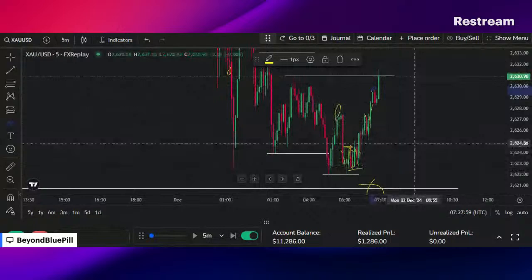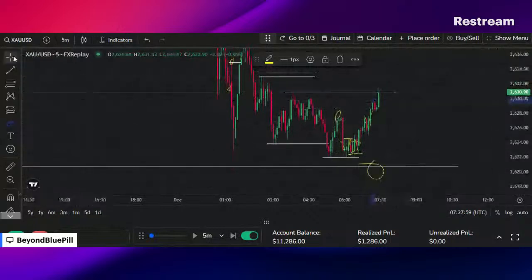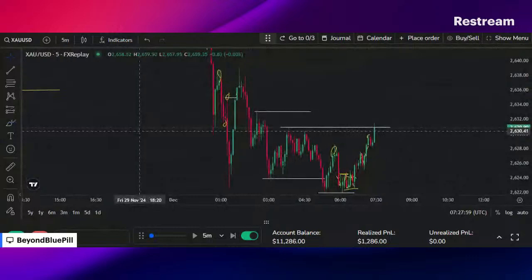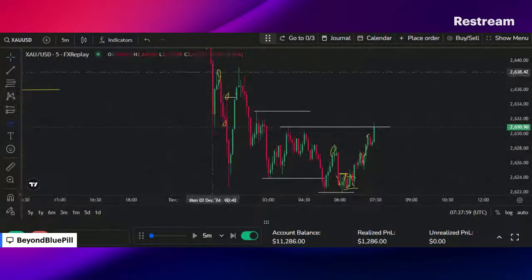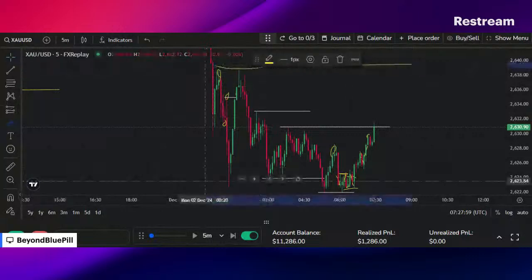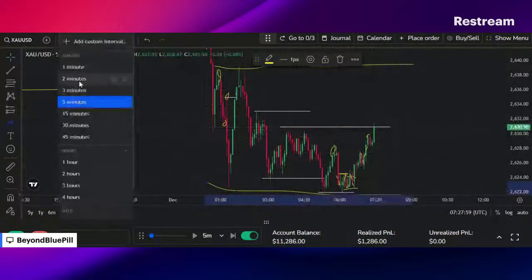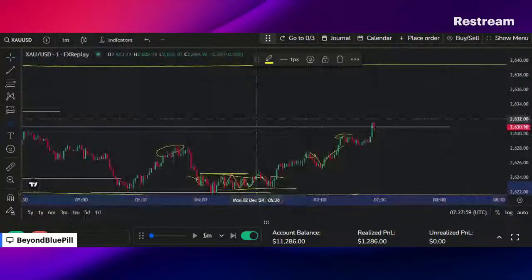We took the protected high. Now this seems like a 15-minute range here from this to this, right? Now we are in the middle, so we don't want to get in here. No, I might be wrong. Let's see, 15 minutes.